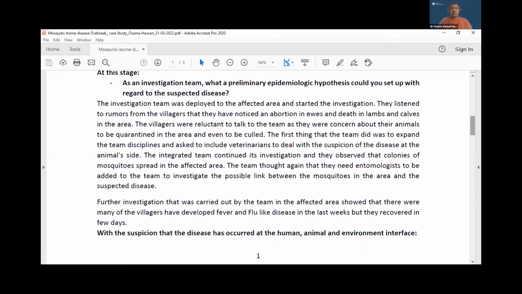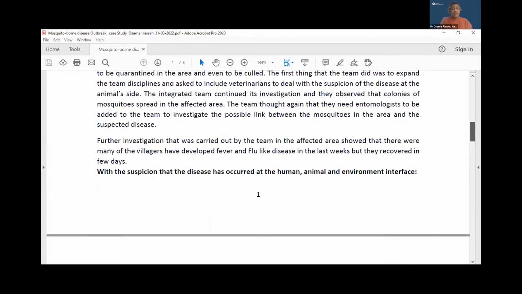While the team was established very well from all of these disciplines, veterinarians, entomologists, and people from health sectors, in fact, while they were investigating, they found more information that, within the time of their investigation, or just a few days earlier, many villagers developed fever and flu-like disease in the last weeks, but they recovered rapidly.